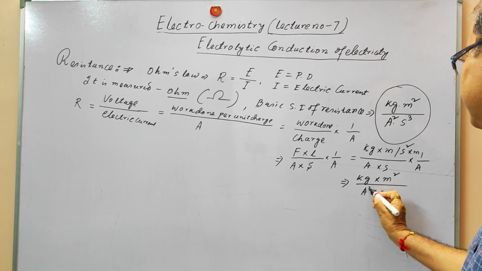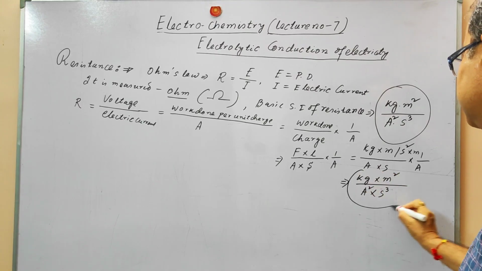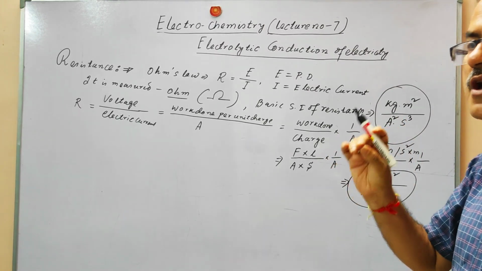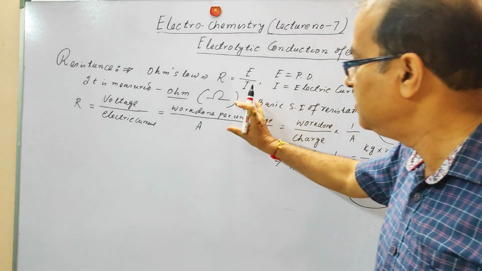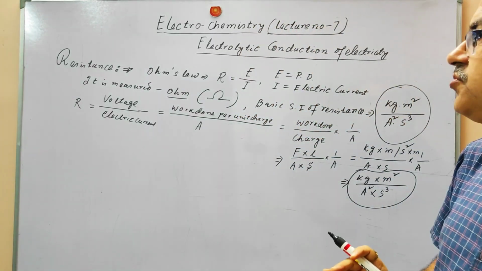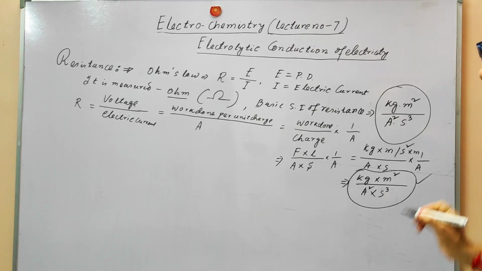Another A is there, A square into S cube, and this is the basic unit. So you see these units have come from the basic, from voltage per electric current flow, that is the ampere. From this we can derive this.